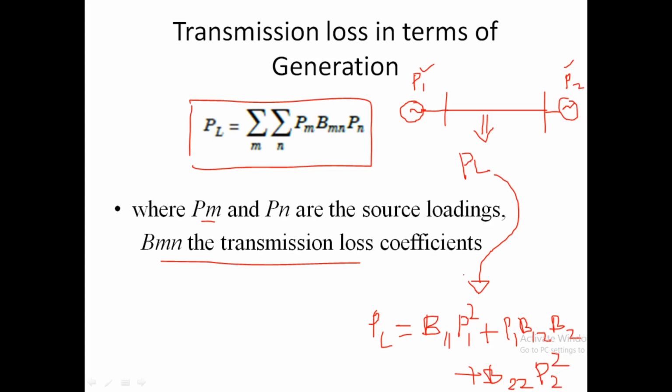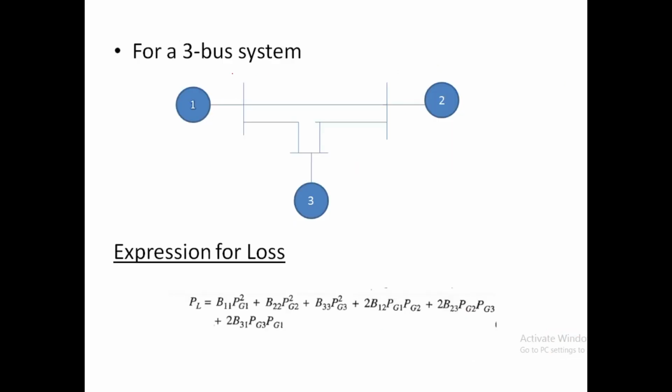If there are three generators, what will be the relation? For a 3-bus system, 1, 2 and 3, the equation will be B11 into Pg1 square plus B22 into Pg2 square plus B33 into Pg3 square plus 2 into B12 into Pg1 into Pg2.